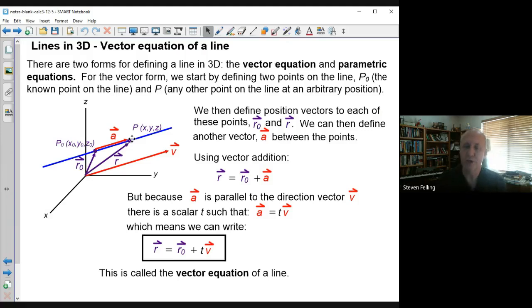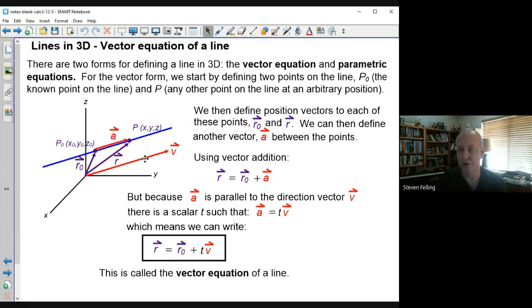Okay. But we know from the geometry and the way vectors behave that the vector r here is the sum of the vectors r0 and a, because of the orientation of the tips and tails here: if you take r0 and you add a to it, you get the sum vector r. So the vector r is equal to the vector r0 plus the vector a. Okay, but because a is parallel to the direction vector v, which we're using to define the direction of the line, which could be any size, that means this a vector is some scalar multiple of this v vector.